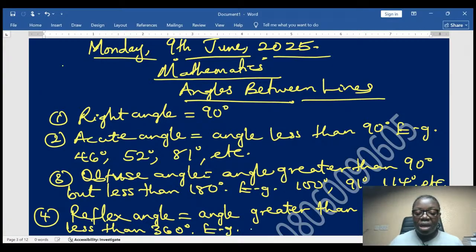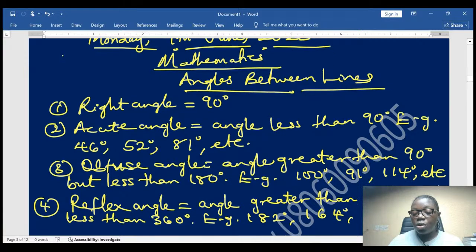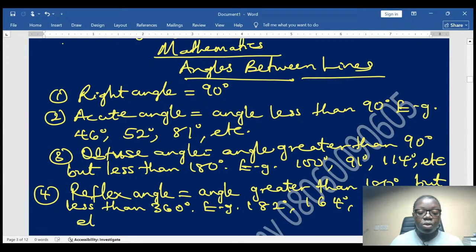Examples of reflex angles are 182 degrees, 164 degrees, 197 degrees, 352 degrees, and so on.